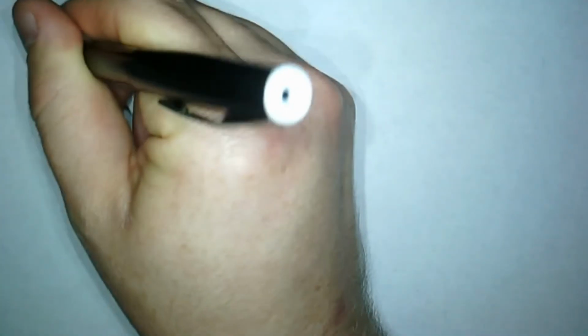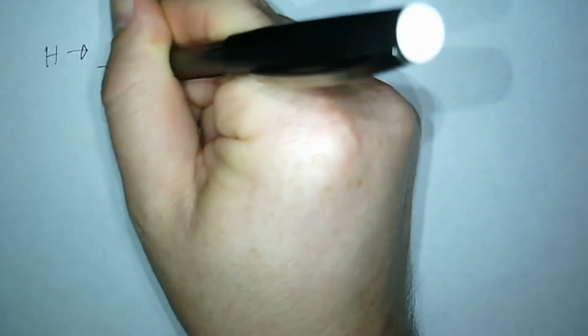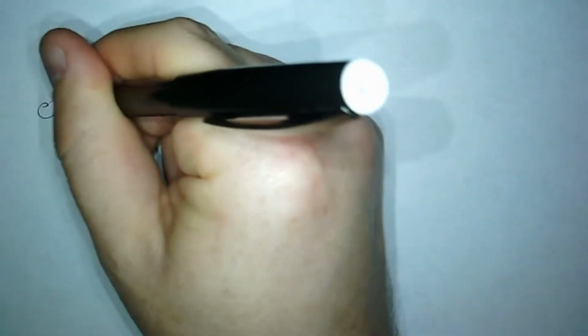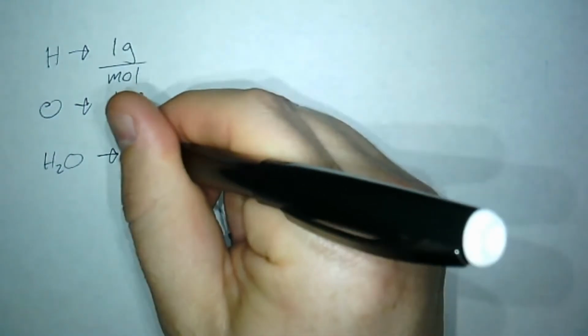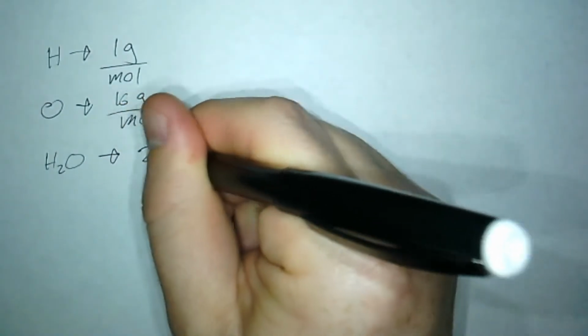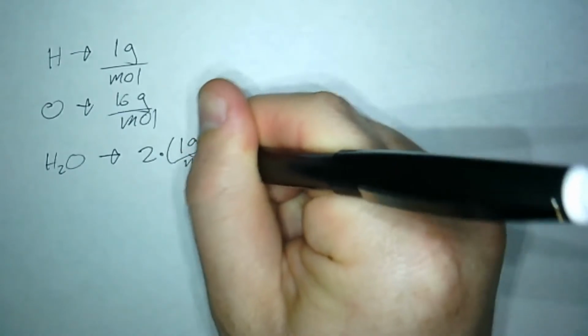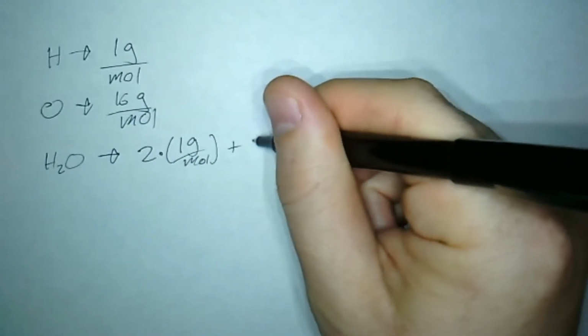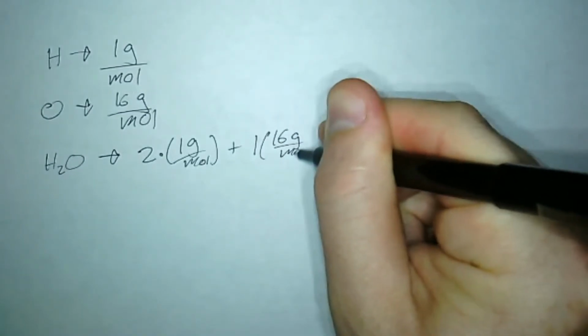I know that hydrogen has an atomic mass of 1 gram per mole. I know that oxygen has an atomic mass of 16 grams per mole, which tells me that H2O, water, has an atomic mass of 2 times hydrogen's atomic mass, so 1 gram per mole, plus 1, because there's only 1 oxygen, times 16 grams per mole.